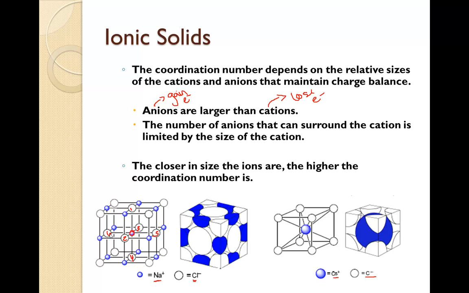Sodium is far smaller than chlorine. Now look at the size difference between cesium and chlorine. They're much closer in size. So here's our cesium. 1, 2, 3, 4, 5, 6, 7, 8. When the ions are closer in size, the coordination number goes up.